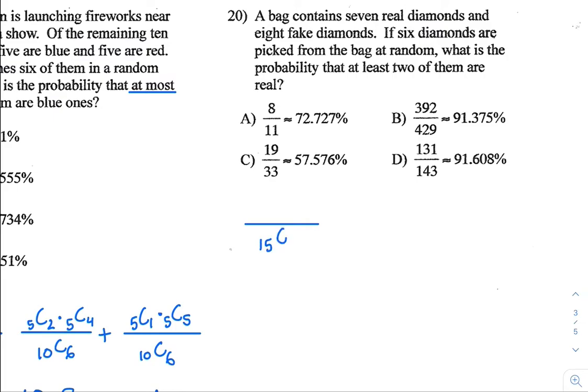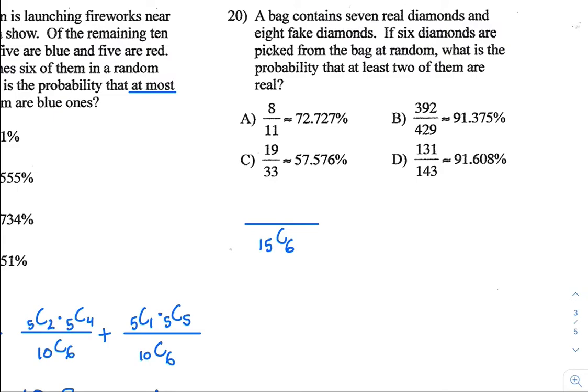Now it says probability that at least 2 of them are real, and you're picking out 6 diamonds, right? So at least 2 of them are real, which means it could be 2, it could be 3, it could be 4, it could be all the way until there's no more real diamonds left.